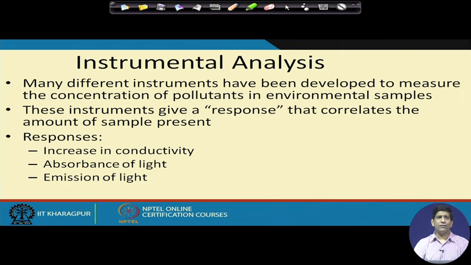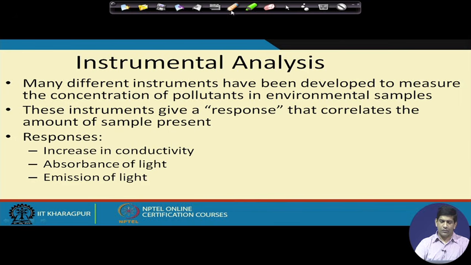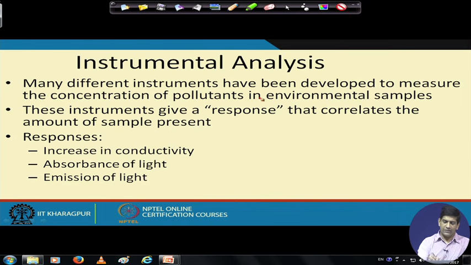There are different types of instruments that have been developed for environmental samples. What all these instruments do is give you a response. We use this response in the analysis, and that response correlates with the amount of sample present.